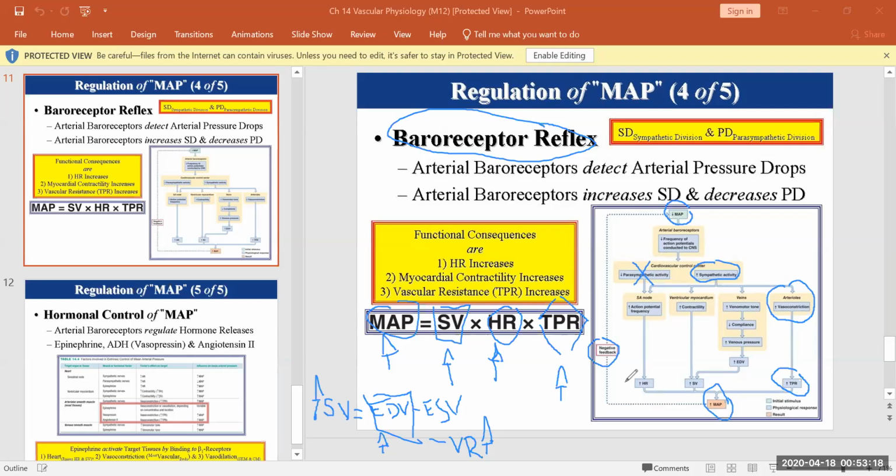So all this mechanism on this slide is to rectify this situation. If there's a decrease in the driving force pushing blood forward, that driving force must be reestablished. And that reestablishment is done by the sympathetic division of the autonomic nervous system, the fight or flight division of our visceral motor division of the nervous system.